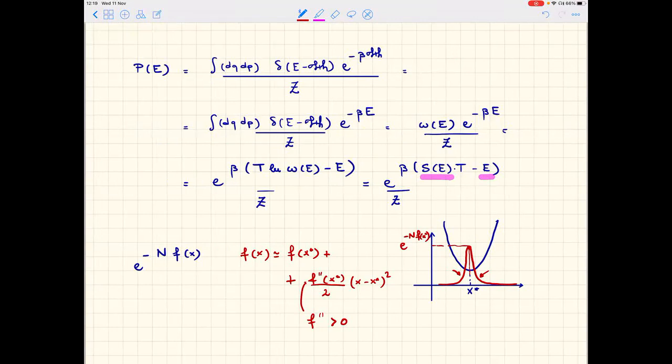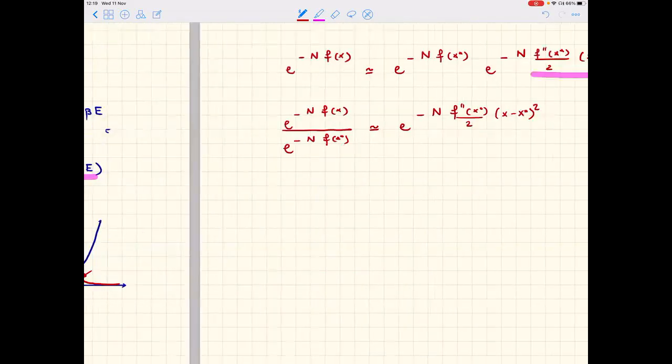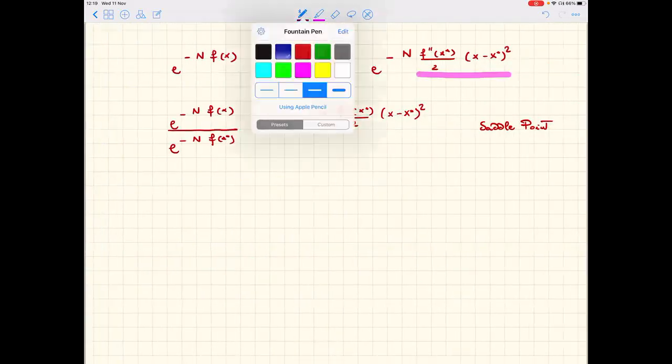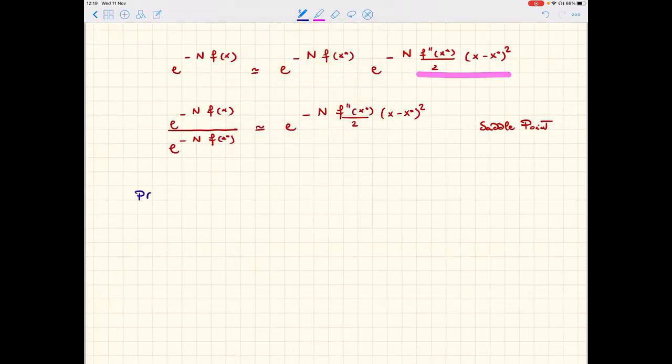Both E and S of E are scaling with the volume. Let me try to find the extrema of these functions. So let me copy this. P of E, I said, is proportional to e to the beta T S of E minus E.